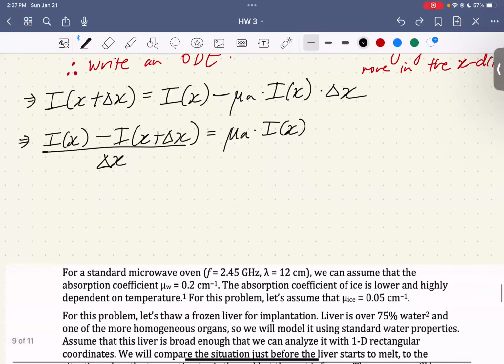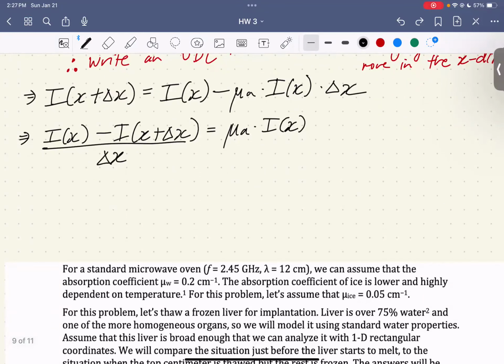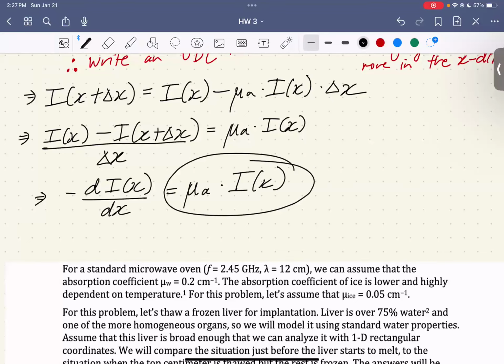And this looks really, really familiar. What is it? This is where we take the limit of both sides as delta x goes to 0. And we've seen here when it's x and then x plus delta x on the other side, that is the negative derivative. So that is negative dI of x over dx is equal to mu A times I of x. And this doesn't change because there's no delta x here. So when we take the limit, it remains the same value.